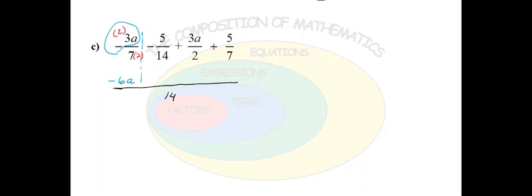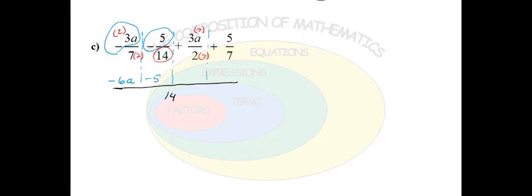All right, moving on to the other terms then. The second term already has a common denominator of 14 in it, so I just need to take the numerator and set it back on top, negative 5. The third term, I need to multiply the 2 in the denominator by 7 to get 14.